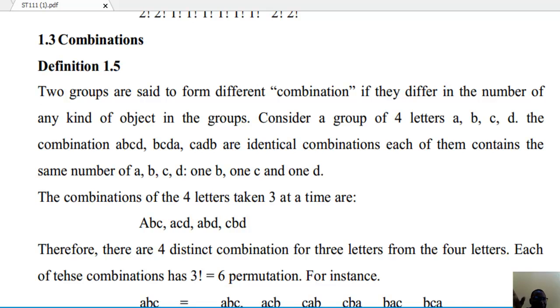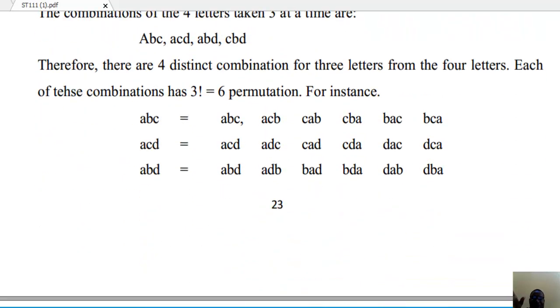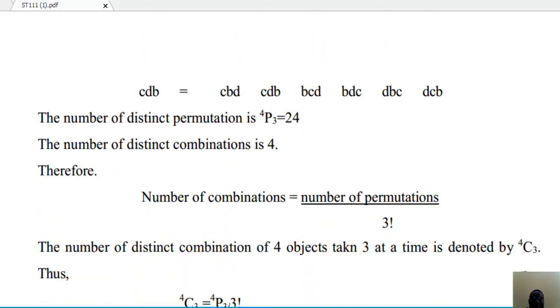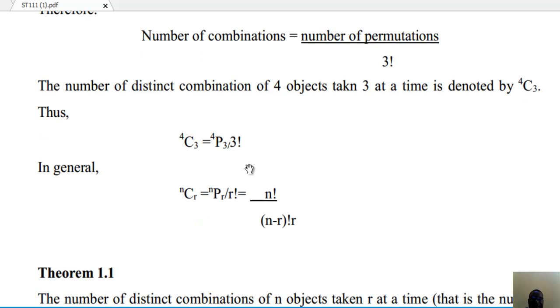The formula for combination is the number of permutations divided by the factorial of the number of objects selected. So combination is given by n choose r, which is the permutation, n factorial divided by n minus r factorial, divided by r factorial.